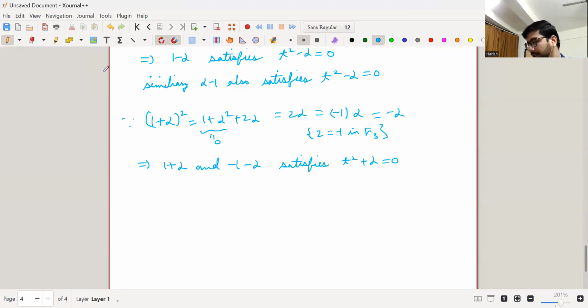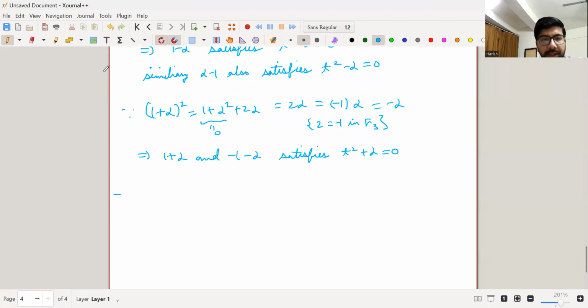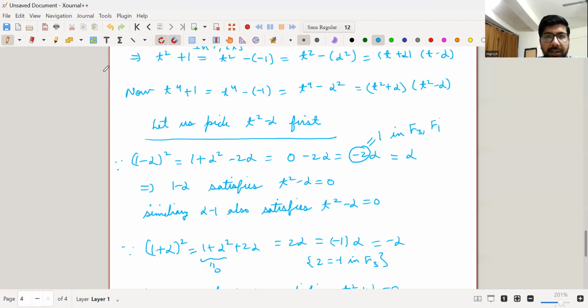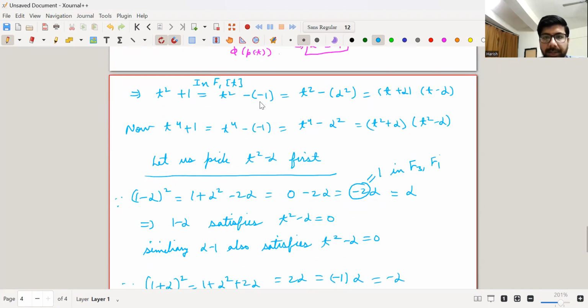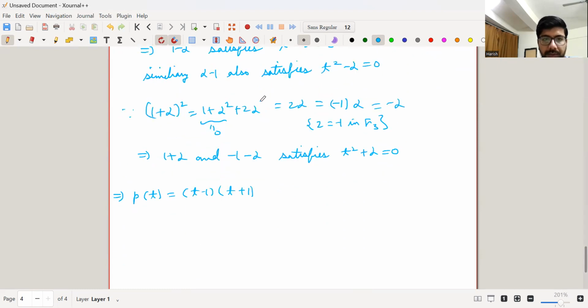So now you can linearly factorize pt. pt is what? You have t minus 1, you have t plus 1, then you have 1 plus t square, which is t plus alpha, t minus alpha. And then you have 1 plus t4.